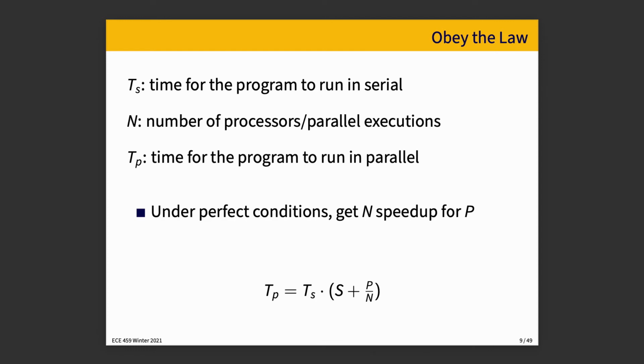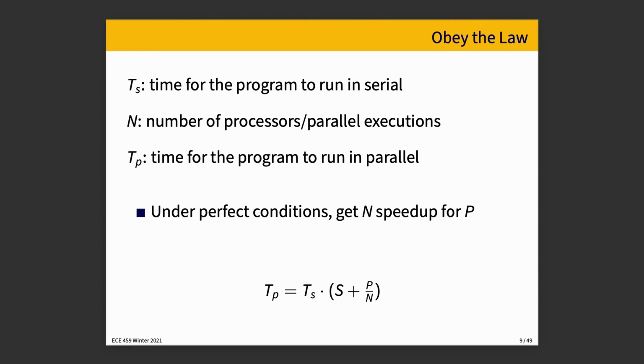So the formula we will see here is: if T_S is the time for the program to run serially, N is the number of processors or CPUs available, but it could also be computers if you have a distributed system, and T_P is the time for the program to run in parallel, then under perfect conditions T_P is T_S times (S plus P over N).